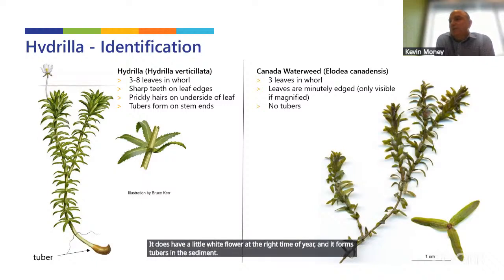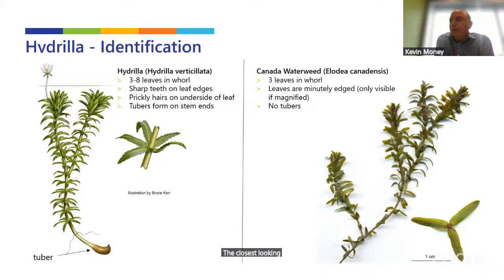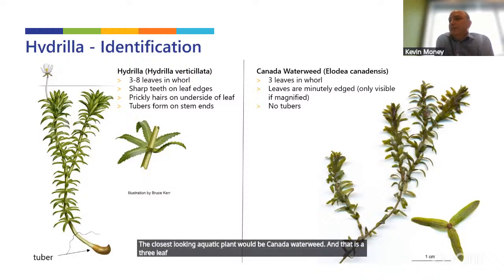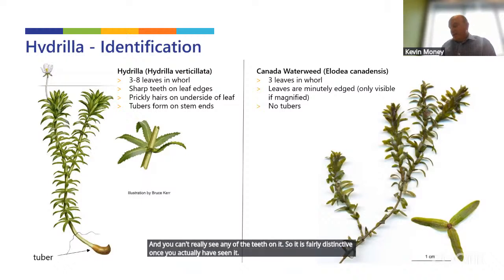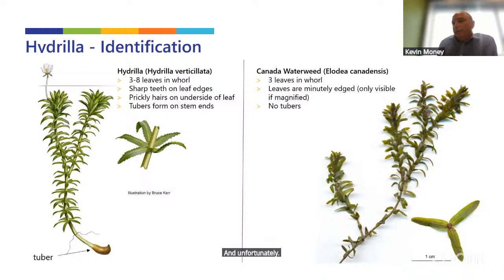The closest looking aquatic plant would be Canada waterweed, which has a 3-leaf whorl instead of 3 to 8, and you can't really see any of the teeth on it. So it is fairly distinctive once you have seen it. And unfortunately, we have quite a population in Hillman Marsh.